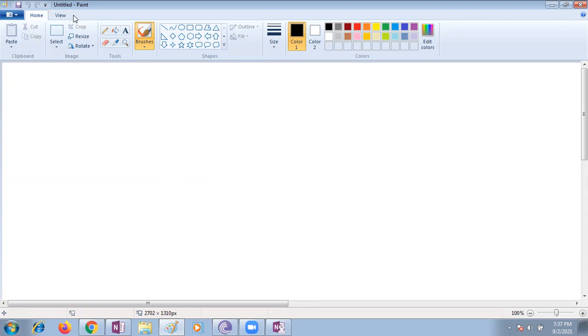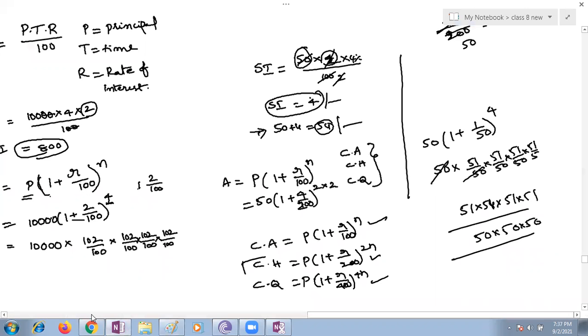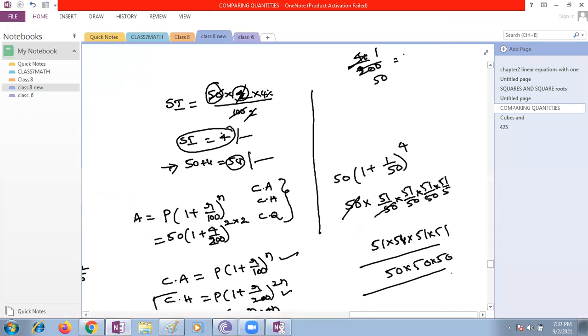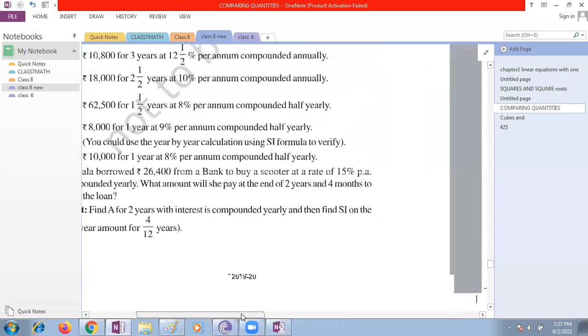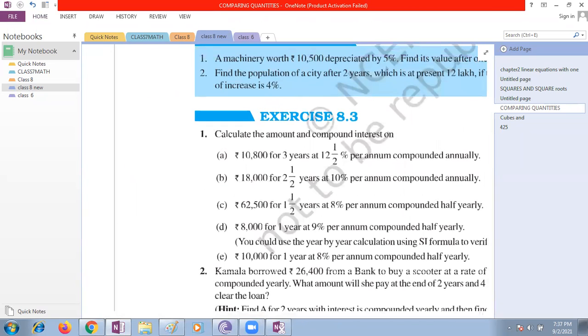In our exercise 8.3, the first bit is given. Just a minute. Share the question so that you can write what the points are. First question is given: principal amount 10,800. Nana, write down in your notebook, principal amount given 10,800.